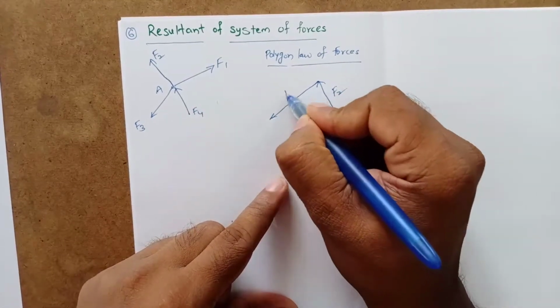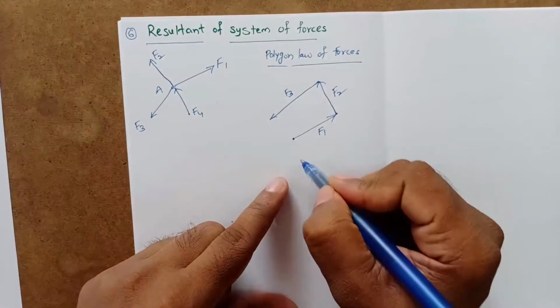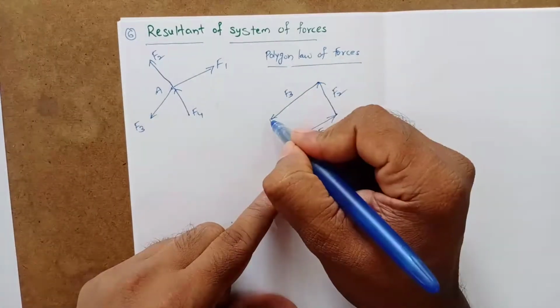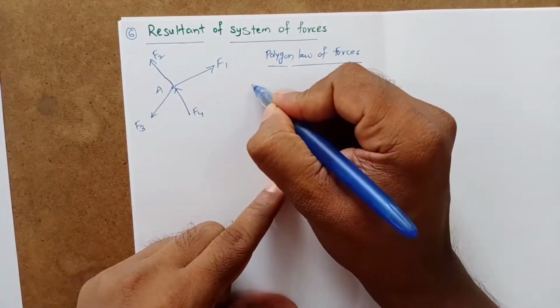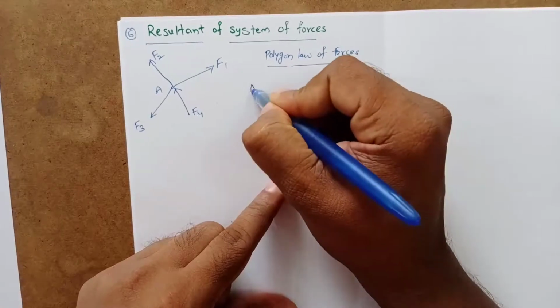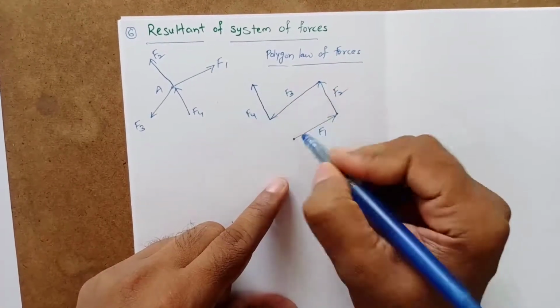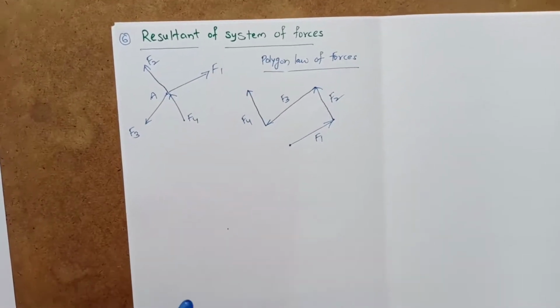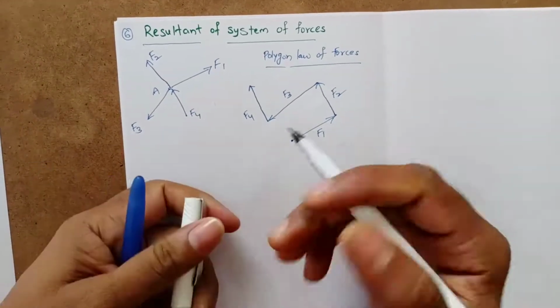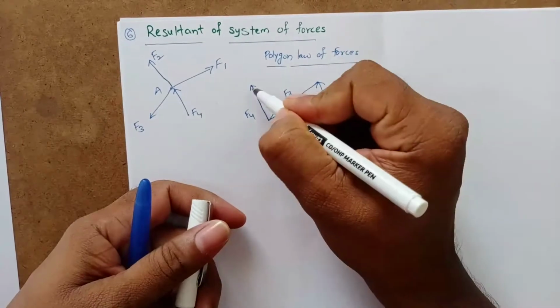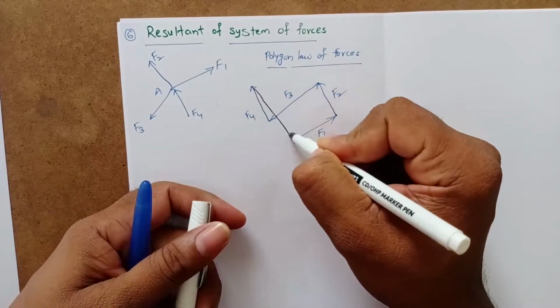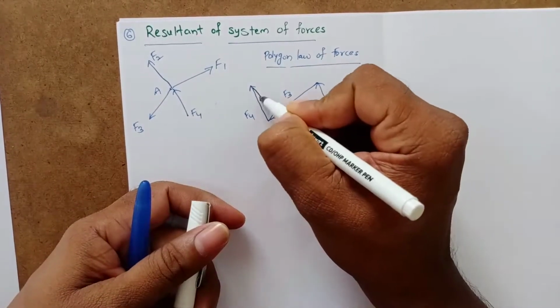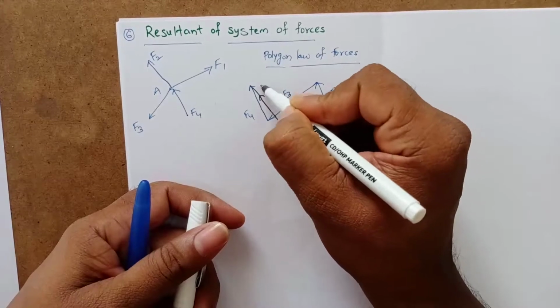This is not up to scale, F3, and F4 from here is in this direction, something like this. This is F4. Now joining the initial and final points, this is the initial point and this is the final point, this represents the resultant force, R bar.